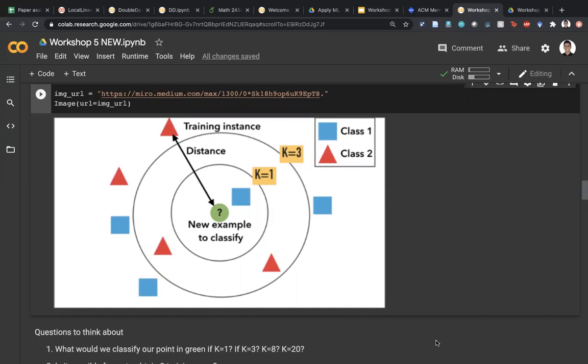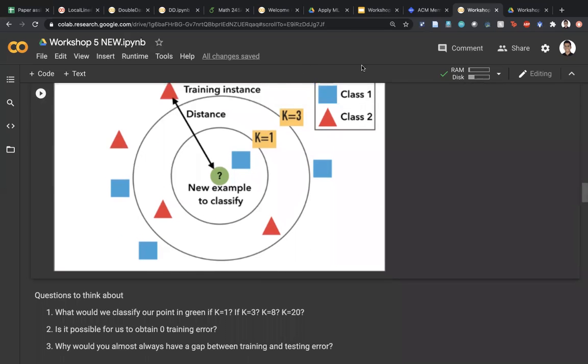Anyone want to take a stab at what a bad value of K would be? Right, so we have some answers. I'm guessing we have n, even numbers, and 1. All good responses.